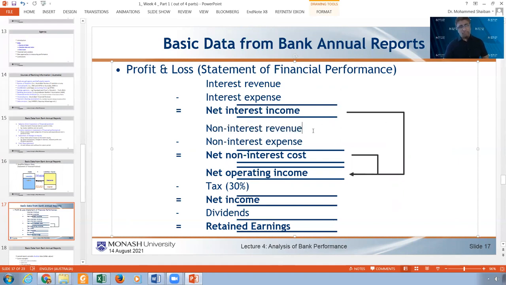We can have an investment outside, a trading outside, we can make revaluation for our assets, all of the income that is not from the main loan activities. So it's non-interest. And then we have non-interest expenses, and then we have the operating and the tax, and this is the income statement.